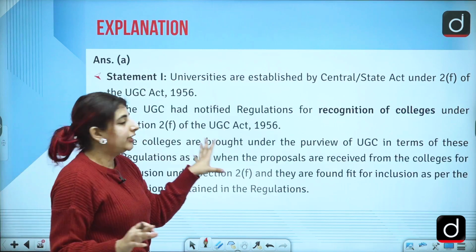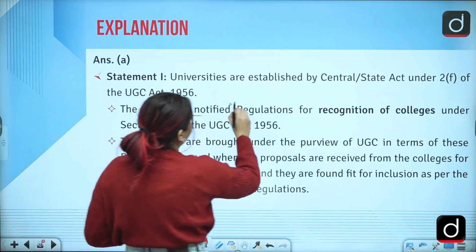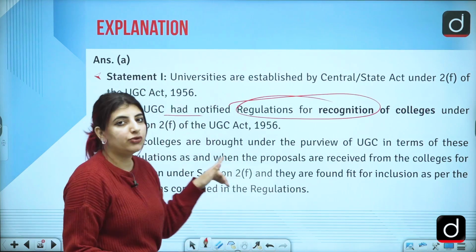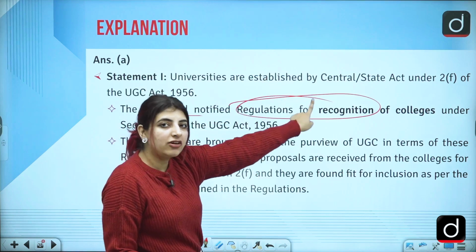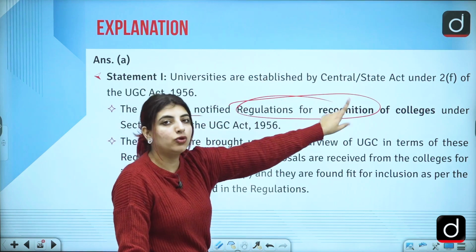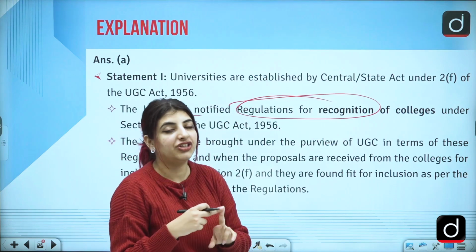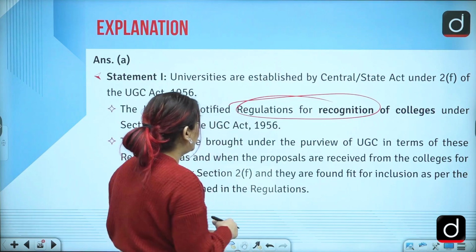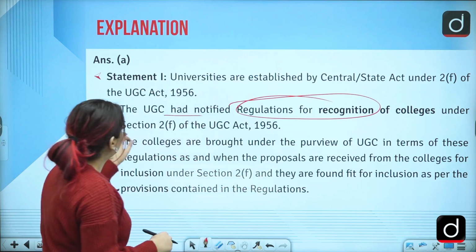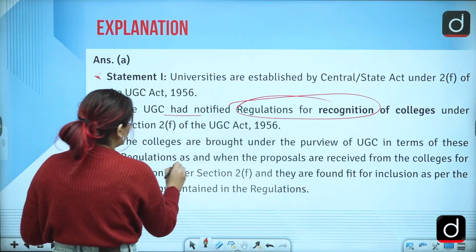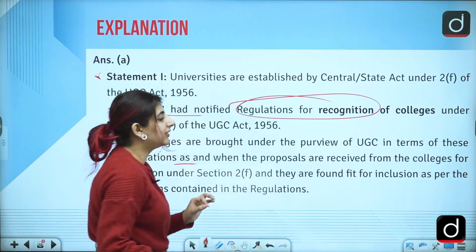Statement 1 we have already read. The UGC had notified regulations for recognition of colleges under section 2F of the UGC Act. That's why, from the central or the state act under section 2F of the Act 1956, universities and colleges are affiliated, regulated or recognized. The colleges are brought under the purview of UGC in terms of these regulations as and when the proposals are received from the colleges.